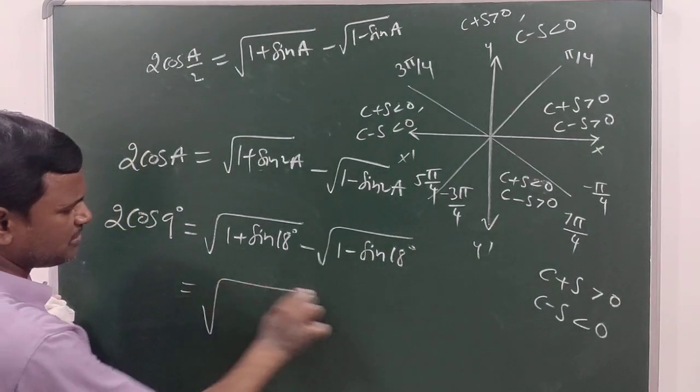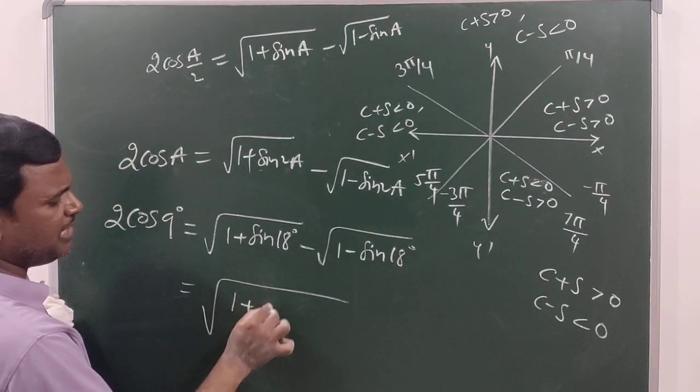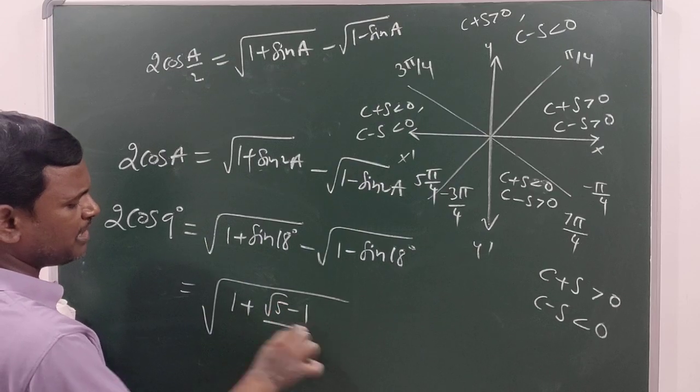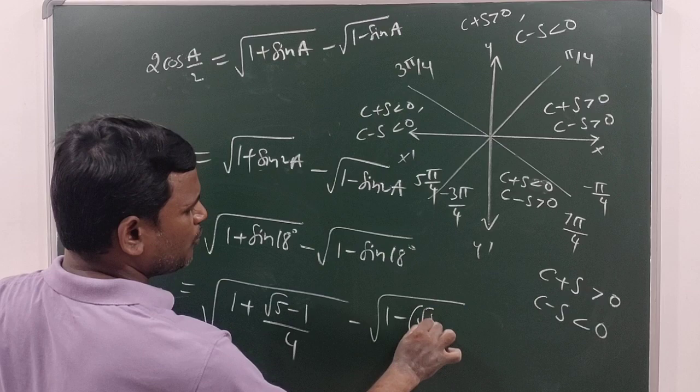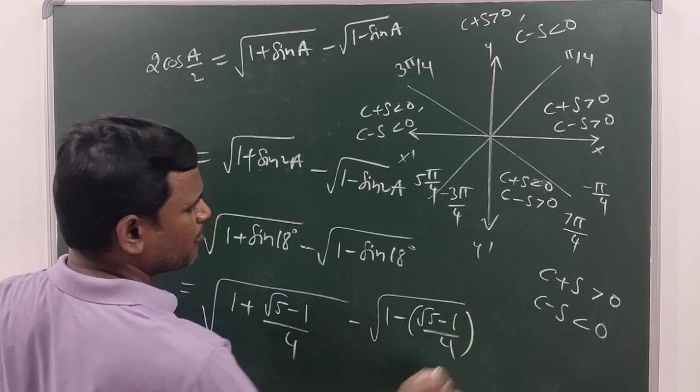Now simplify: sin 18 degrees is root 5 minus 1 by 4, here also.